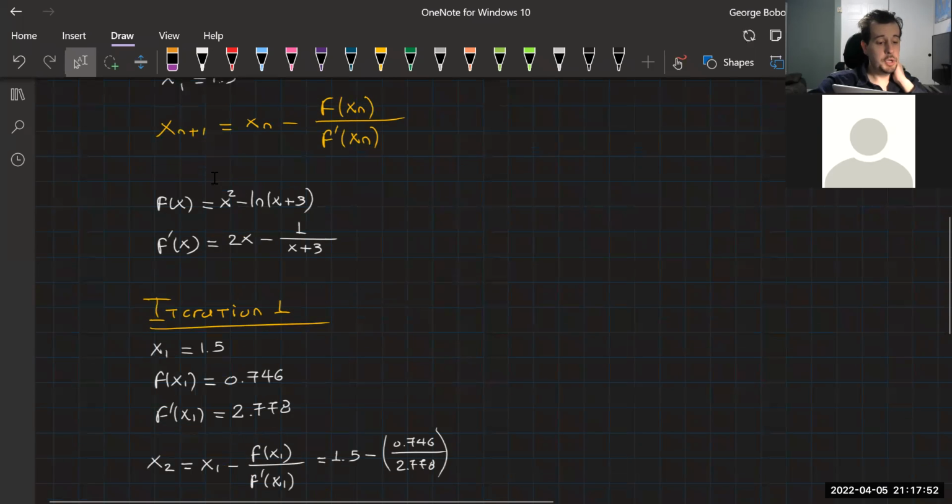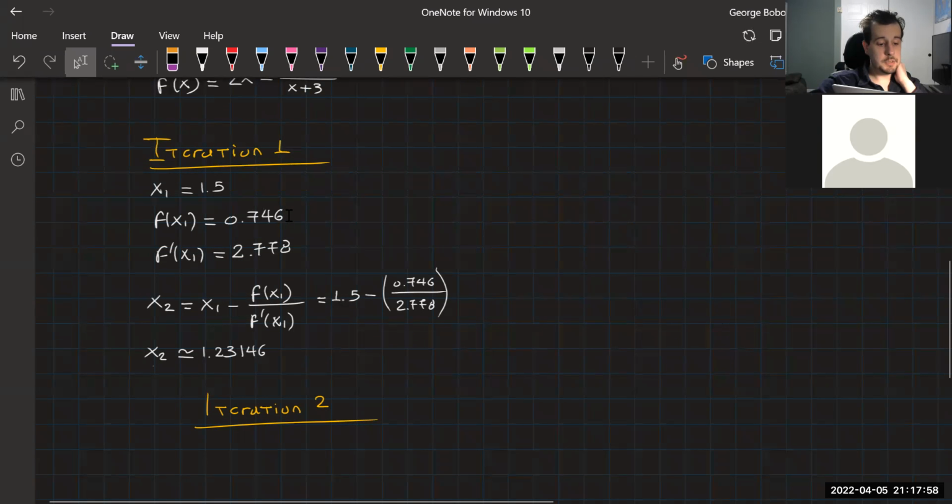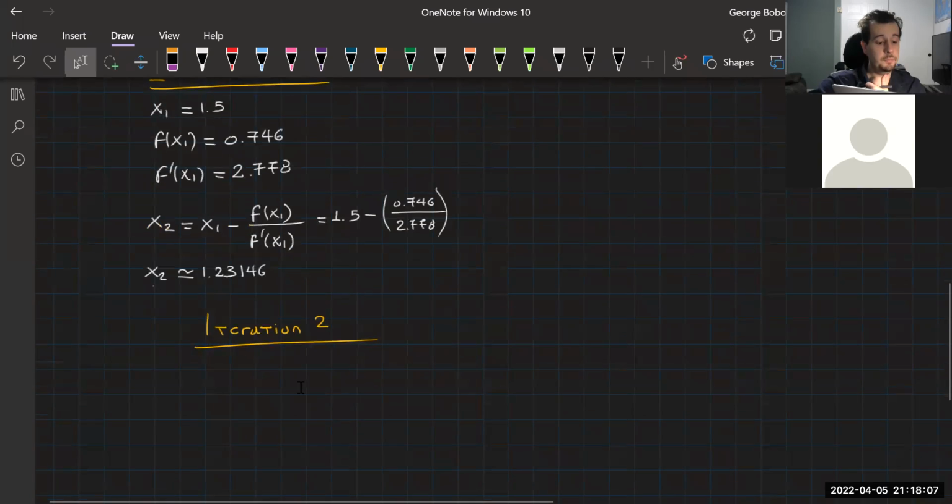So I did catch the error here. I literally forgot to subtract this part from the first guess. So it's 0.746. And then when we plug it all in together, we get the next guess at the root to be 1.23146, whatever.